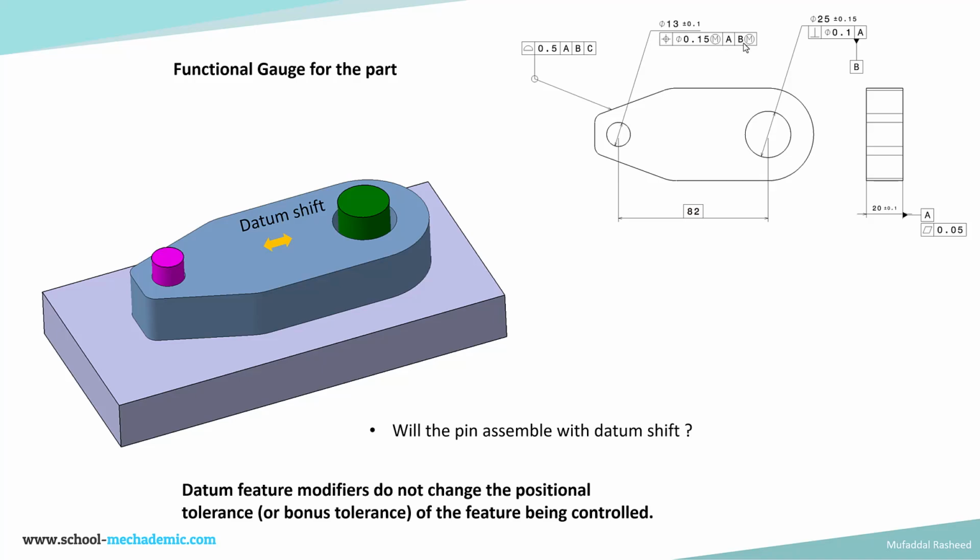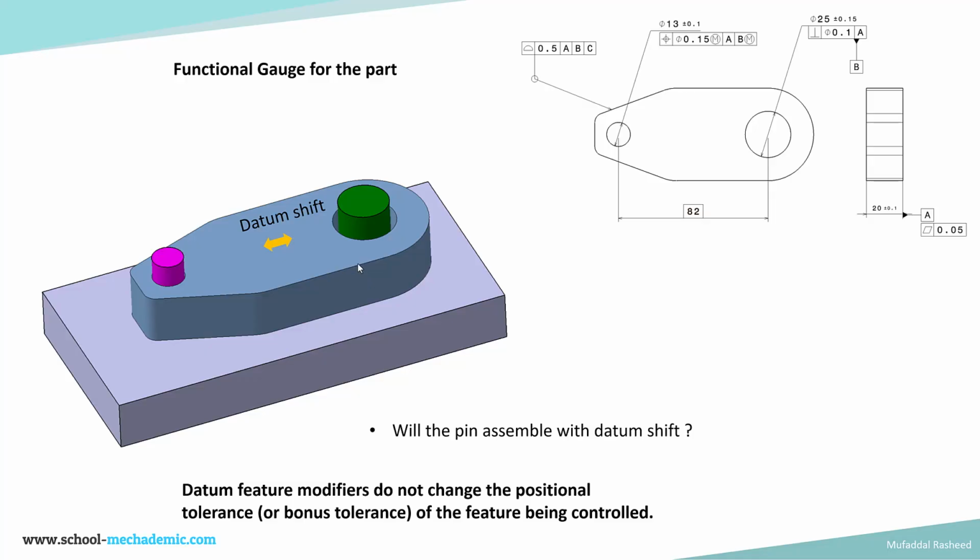If there was no modifier over here, then this pin would be variable, which means that whatever the size of the hole, this pin would match that, and hence it would not allow the datum shift. But since this is used, this pin size will be fixed for inspection. Hence it can allow datum shift, and the main purpose is to check whether the pin will assemble or not.